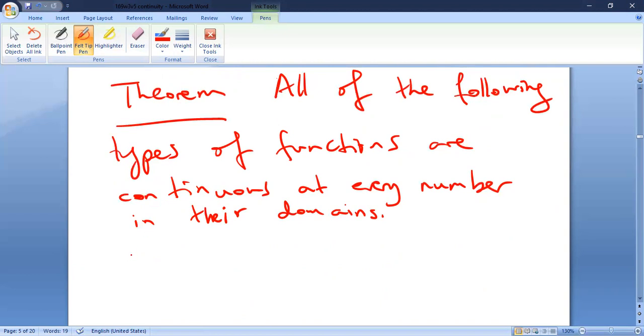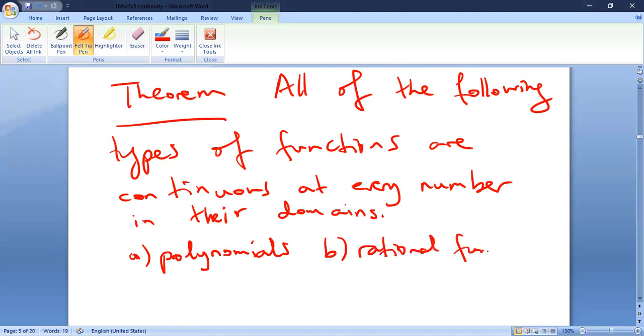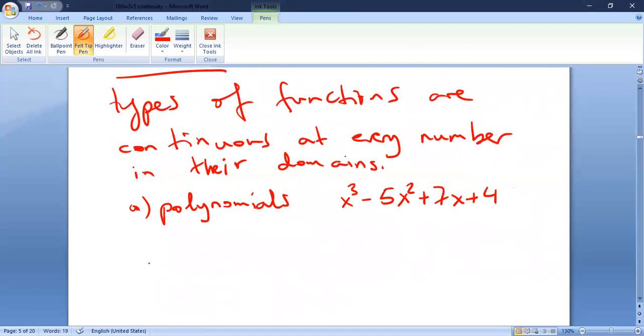these functions are A, polynomials. So we have given some examples above. B, rational functions. Maybe I should just write it the other way. So polynomials, let's say x^3 - 5x^2 + 7x + 4. This is a polynomial and it's continuous everywhere.